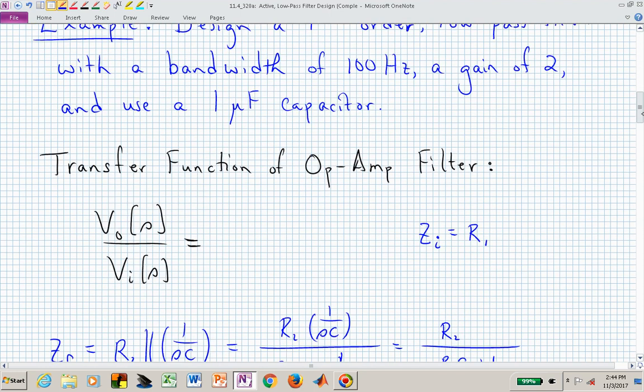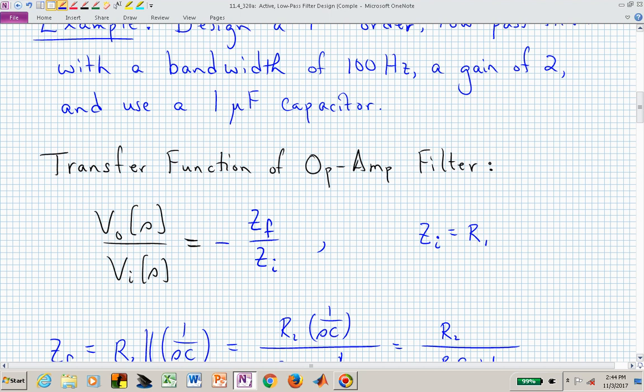In fact, what you'll find is that this transfer function is minus Z sub F over Z sub I. And if you don't remember that, that's not that critical, but you should be able to rederive that relationship.